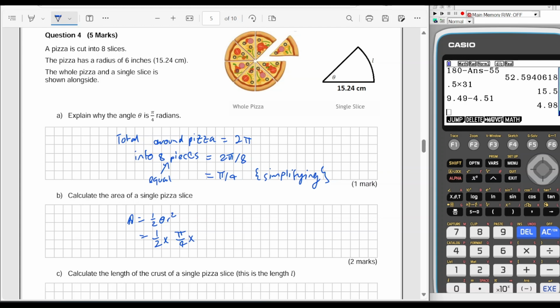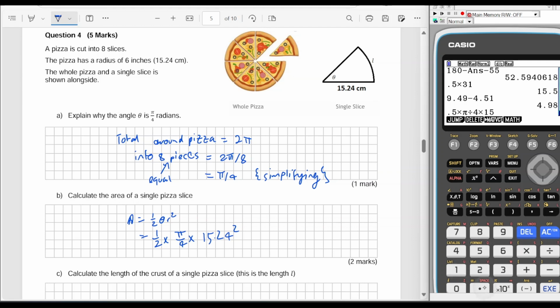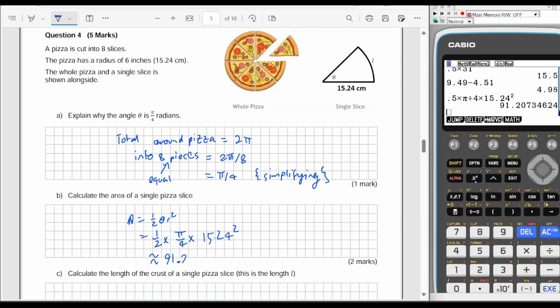So that's 15.24 squared, just like that. Okay, so we can work that out. 0.5 is half times, and then we've got shift pi over 4 times 15.24 squared. Okay, 91.2, that's roughly the area, 91.2 centimeters squared.